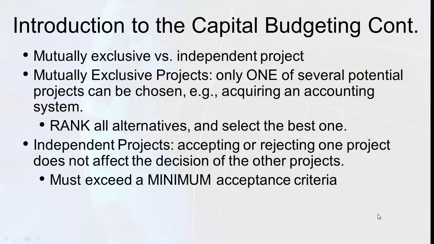So as I explained earlier, mutually exclusive projects means if you take one project, you cannot take another project. Independent project means you can choose several projects. Okay, so you can take a list of the projects. In mutually exclusive projects, you can choose only one of the several potential projects.